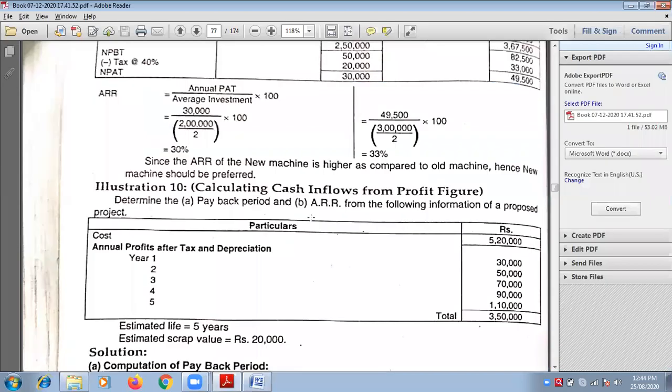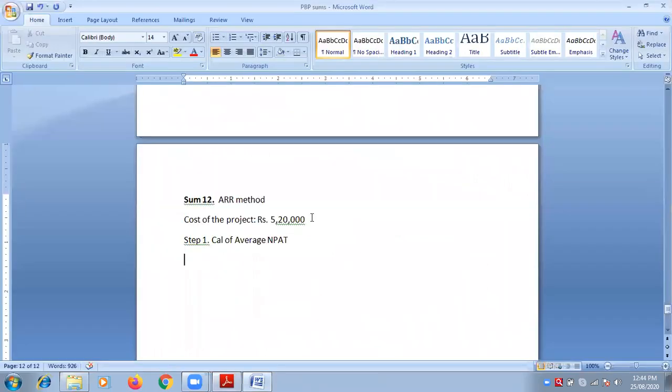We have to take average net profit after tax. So we take the total of all the 5 years, which is the total net profit after tax. That total will be divided by the number of years, and the answer will be average net profit after tax.